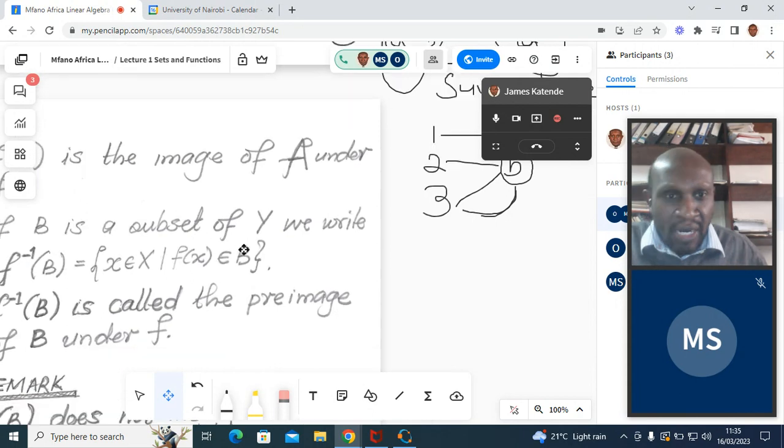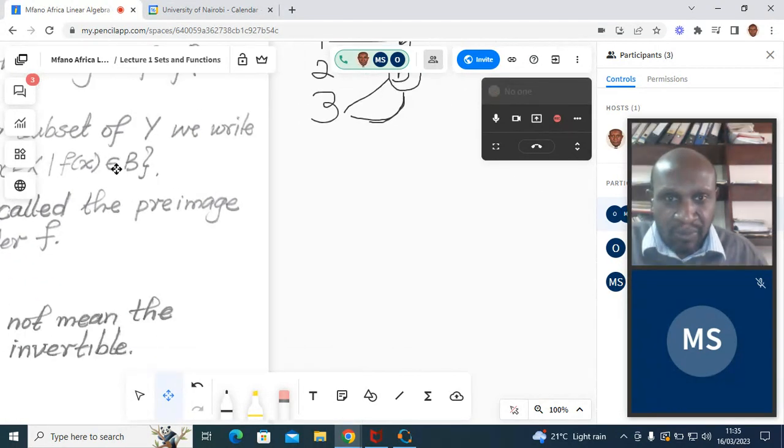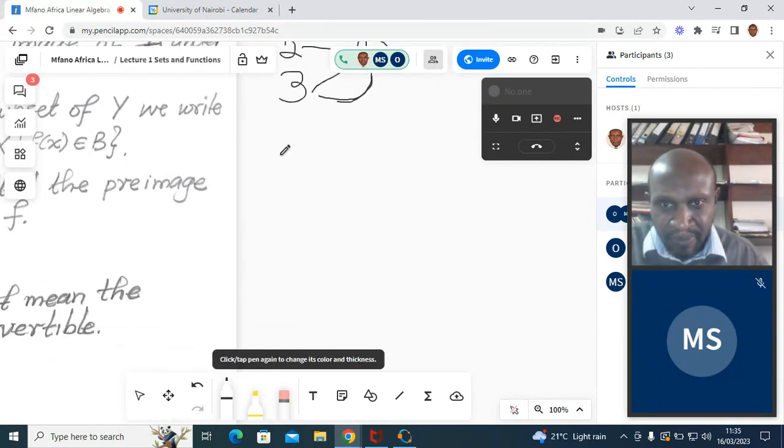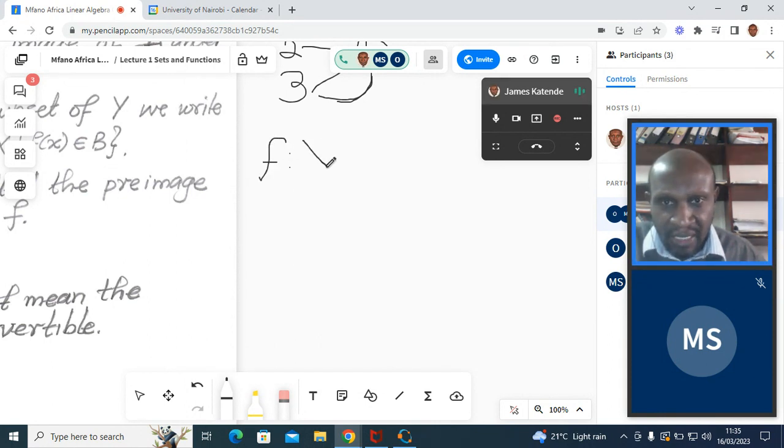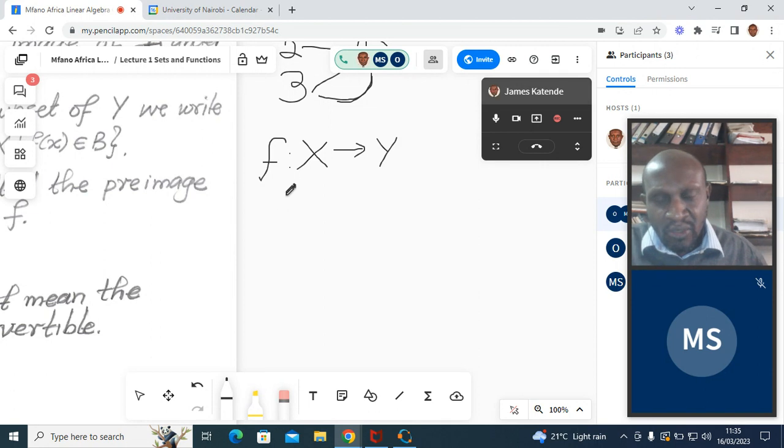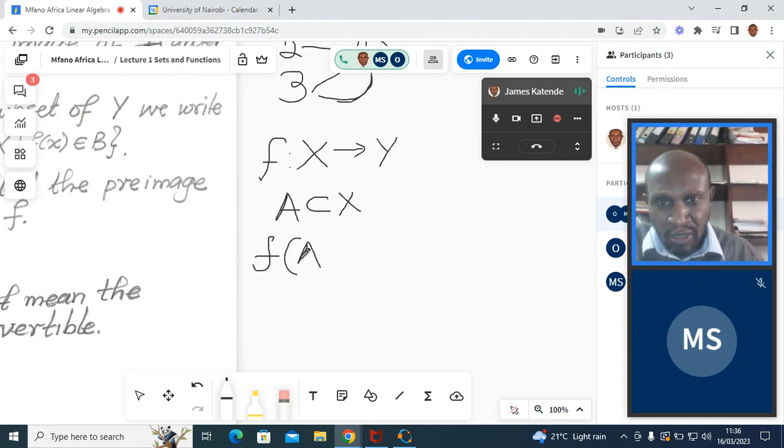So now let's think in general. Suppose I have a function with domain, call it capital X, and the codomain, call it Y. So if I have a subset of the domain, then I can use this notation where I put the whole subset as the argument in my function.